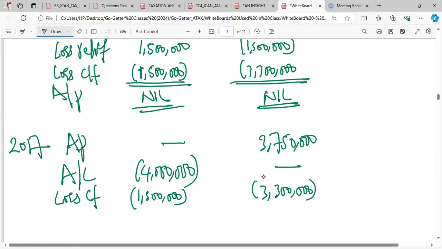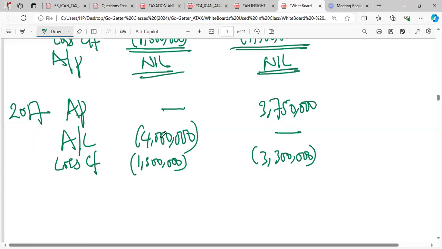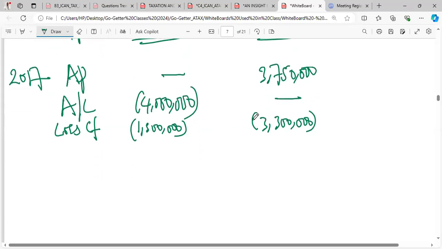So what do we do? We said the current year loss should be relieved. So we have loss relief. We have 4 million here. It can only be relieved from this 3,750,000. So 3,750,000 will be relieved.